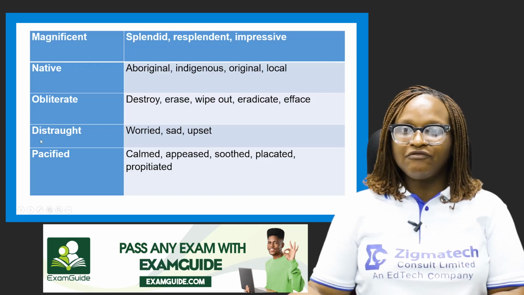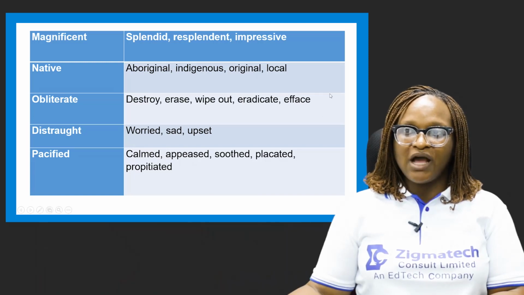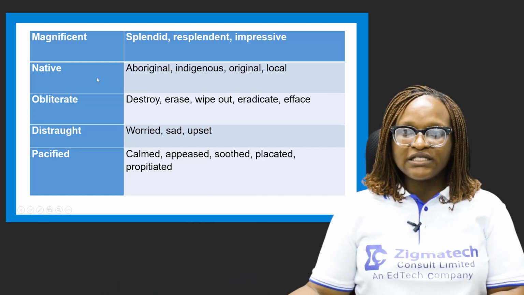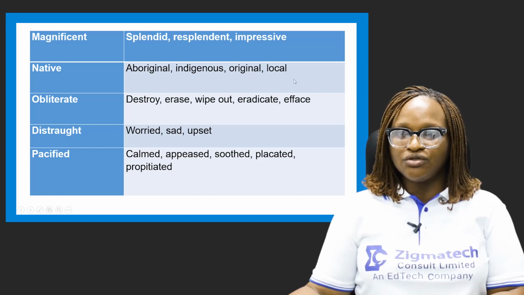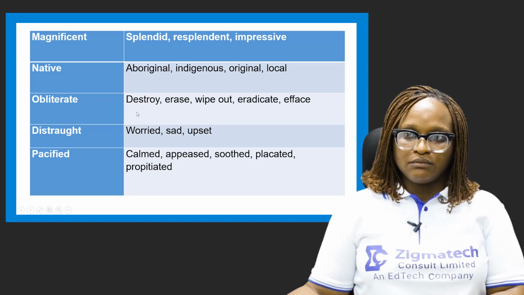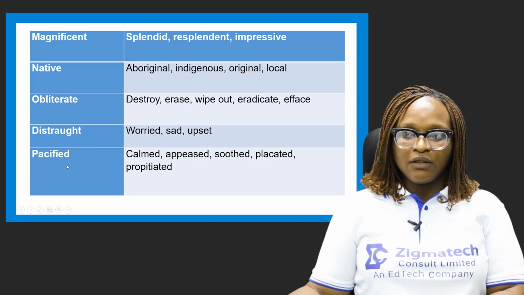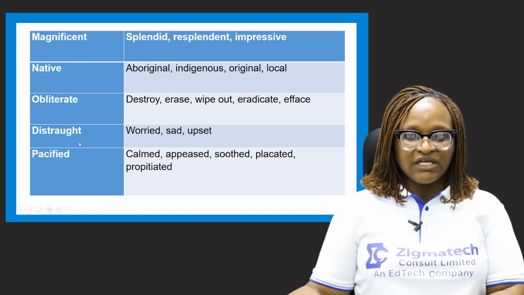Then magnificent, you have resplendent, you have impressive. Native, you have aboriginal, indigenous, original, local. You have obliterate, that's a verb but in the present form. You have the synonym still in the present form.